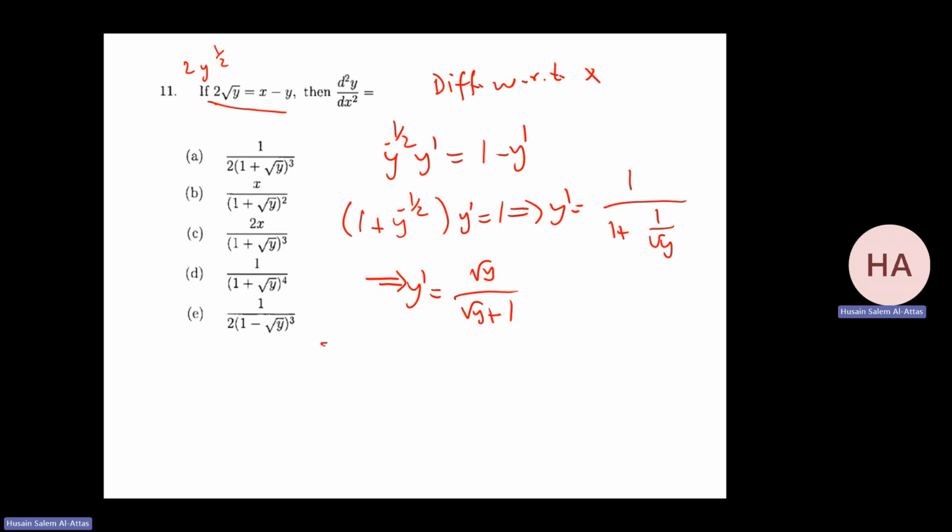Okay, so now y double prime. That will be the derivative of the numerator, which is half y to the minus half times y prime, times the denominator, minus the numerator times the derivative of the denominator, which is half y to the minus half.